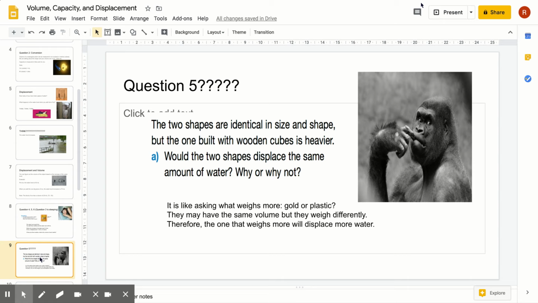I don't want you to think about volume. Okay? I want you to think about just common sense, the idea of weight. So if one weighed more and you dumped it in water, would the water level increase the same or less if one weighed more than the other? I'll leave it at that.